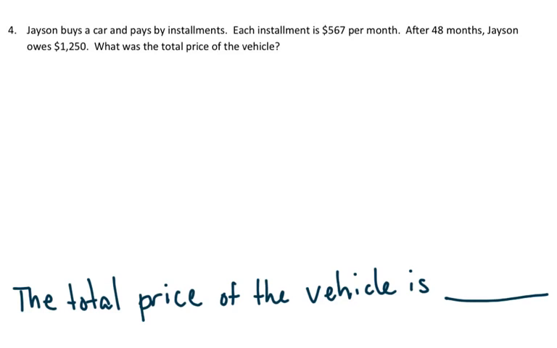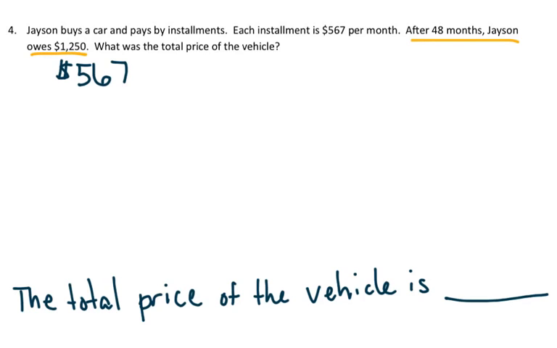So there's a few things that are going on in this problem, and I feel like this is a real-world situation, and the students, when they get older, may find themselves in this situation. So the story is Jason buys his car, and his car payment is $567 a month. So after 48 months, he still owes $1,250. That's some pretty important information right there.